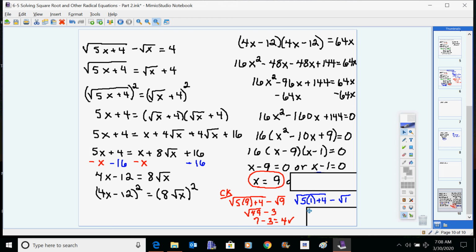So this would give you the square root of 9 minus 1, which gives you just 2. That's not a 2x, that's an x, as in this doesn't work. 3 minus 1 is 2, that's not 4. So we end up with an extraneous solution there.